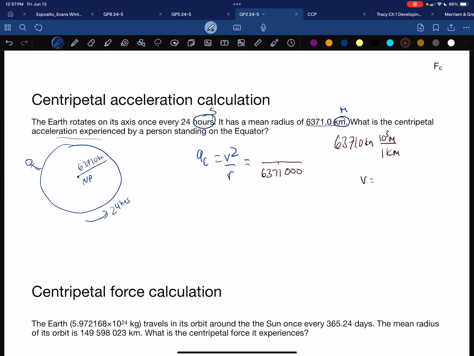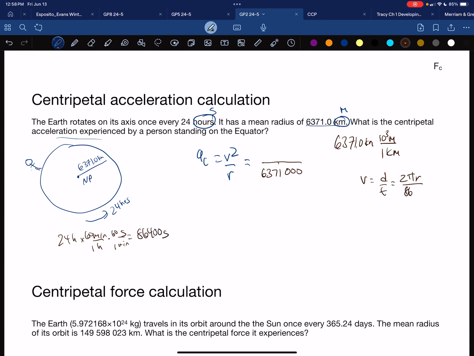Now, the velocity is going to be the distance divided by the time, and the distance it's going to travel is the circumference, which is 2 pi r. And the period, well, we've got that as 24 hours. So 24 hours times 60 minutes per hour times 60 seconds per minute, and we get 86,400 seconds.